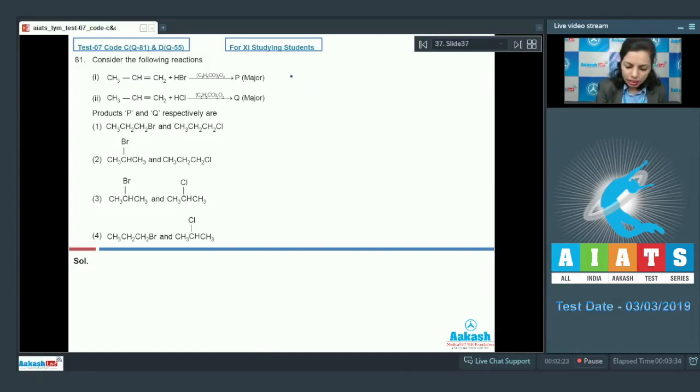So the product in this case becomes CH3CH2CH2Br. It means negative part is added to CH2 group, that is terminal one.